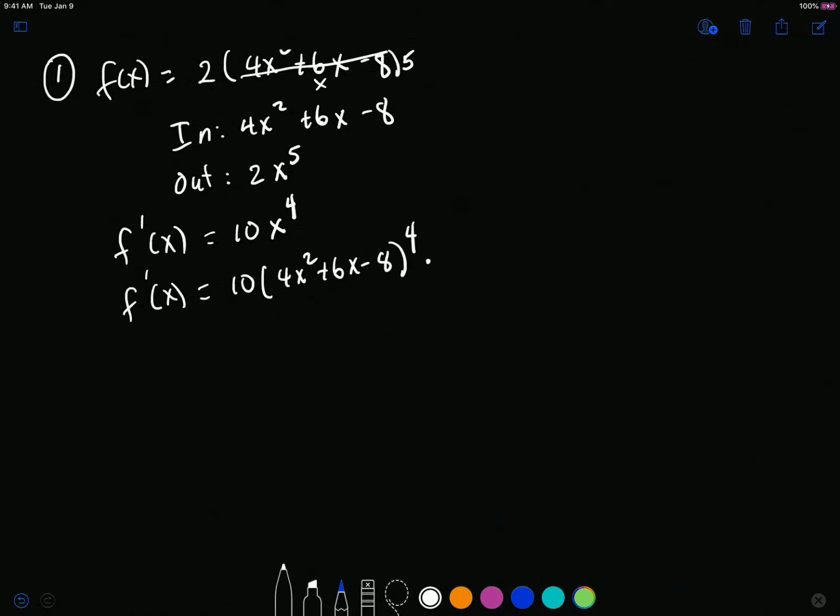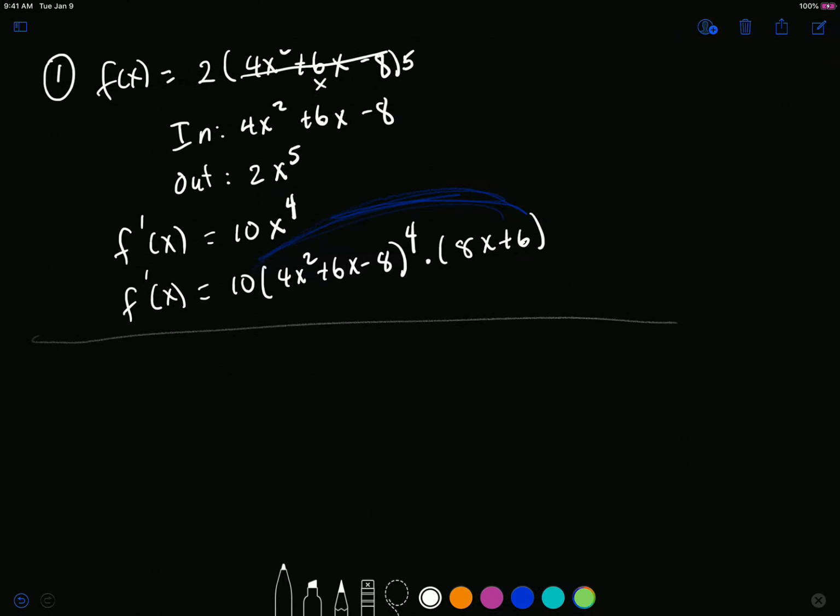And then we multiply by the derivative of the inside function, which is 8x plus 6, and that's your derivative. If you like, you can then distribute the 10 to these terms right here, but that's not necessary.